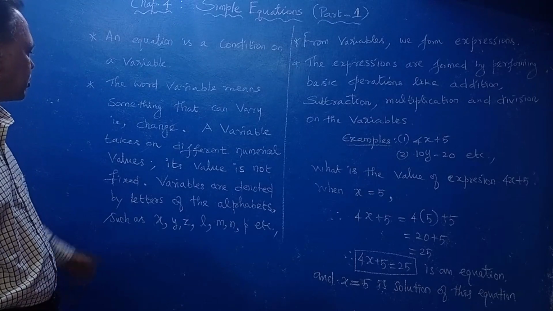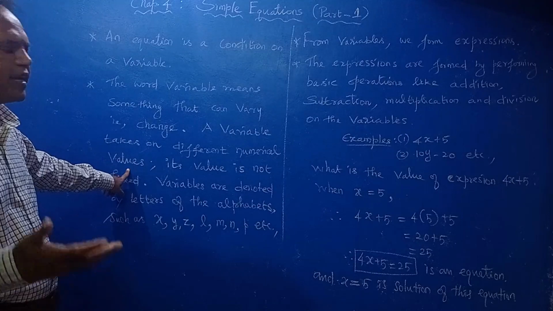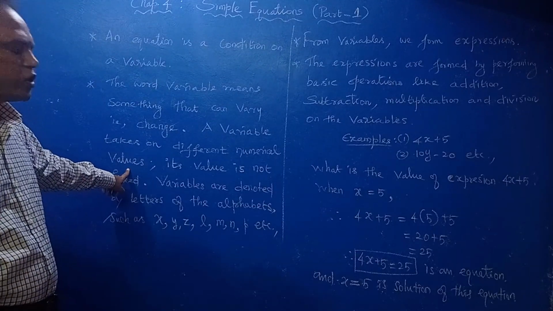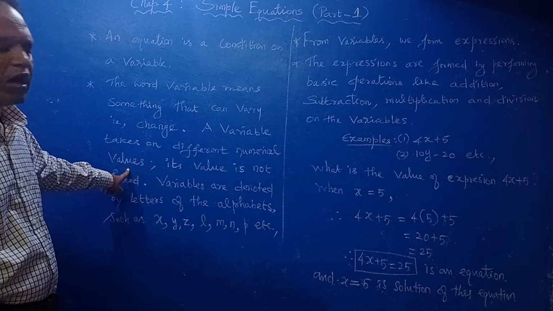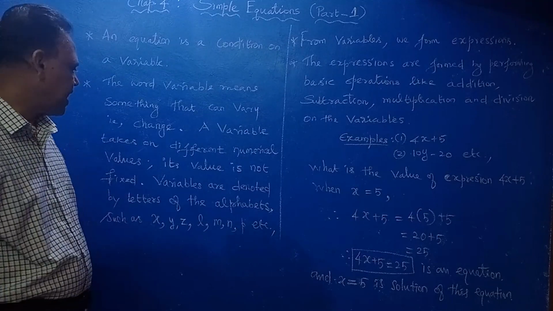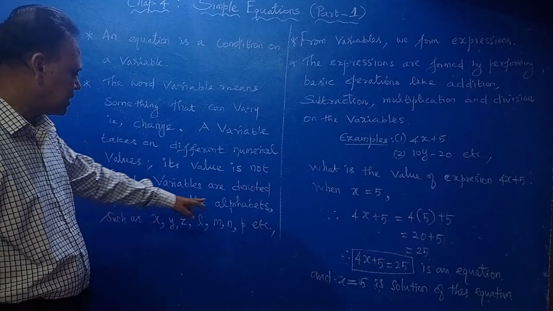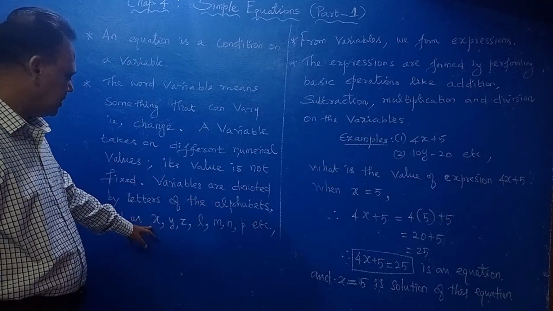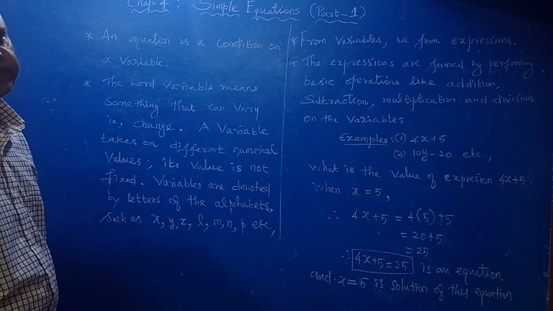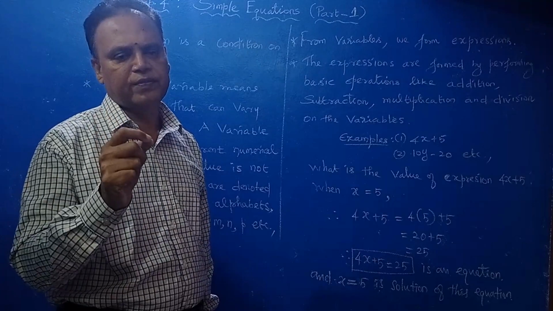A variable takes on different numerical values. X may be 10, x may be 100, x may be 1000. You don't know. That is called unknown, so its value is not fixed. Variables are denoted by letters of the alphabet like x, y, z, l, m, n, p, etc. Clear? Always denote them by small letters x, y, z.